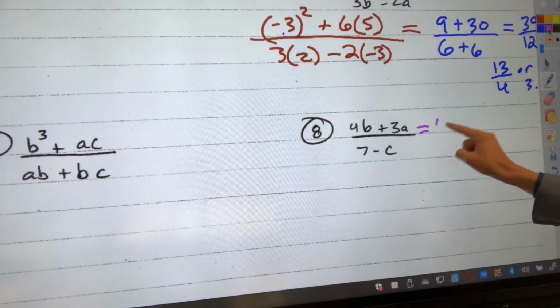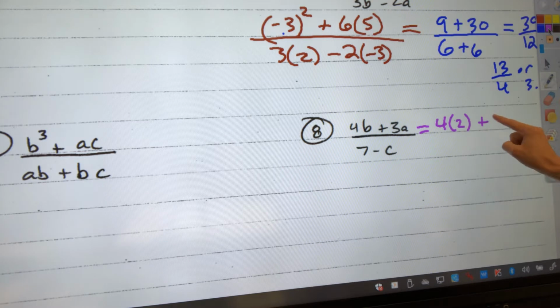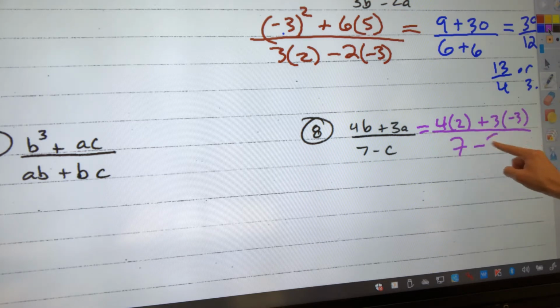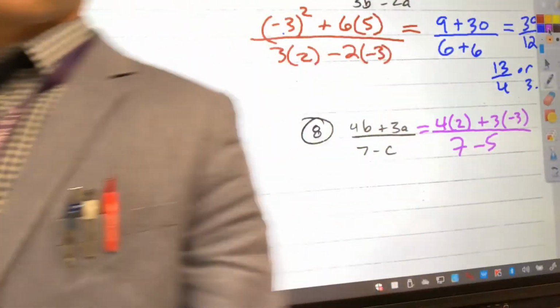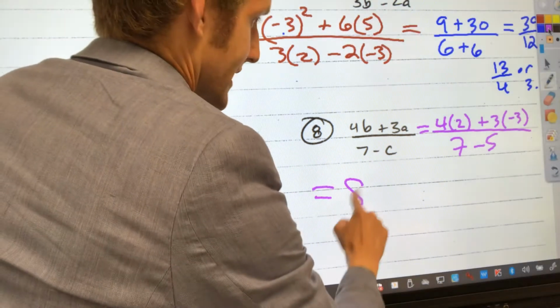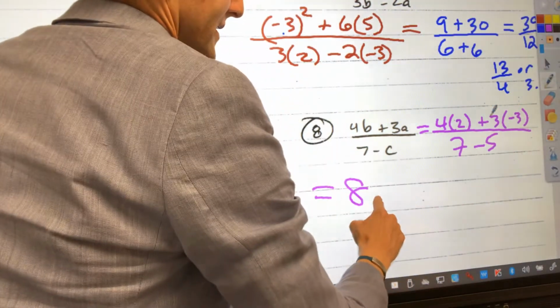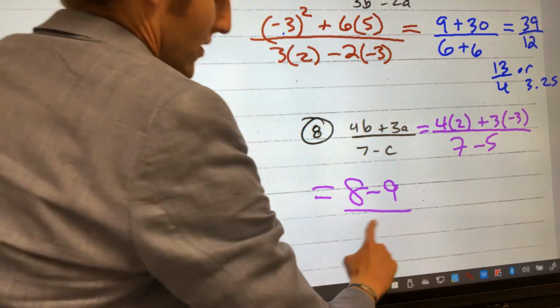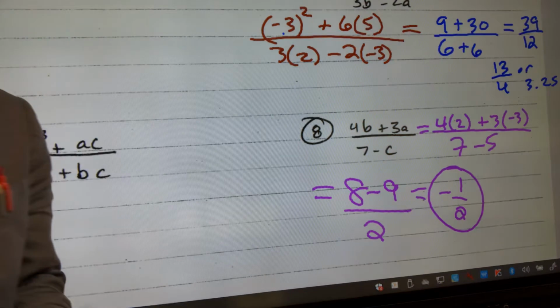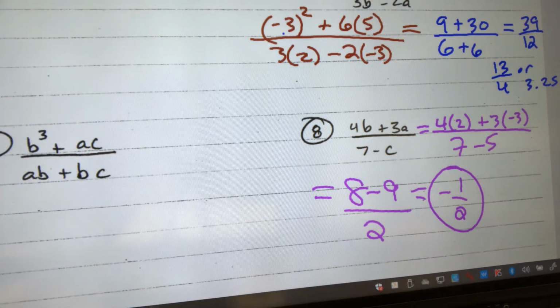Should have these memorized by now. 4B plus 3A over 7 minus C. All right, looking good. 4 times 2, that's a positive 8, plus 3 times a negative 3, so that's a negative 9, all over 2. -1/2 is our answer there when we simplify.